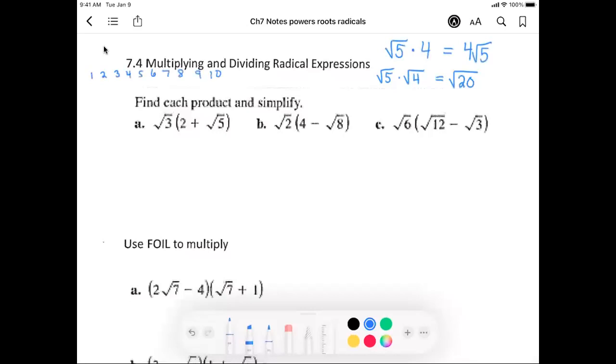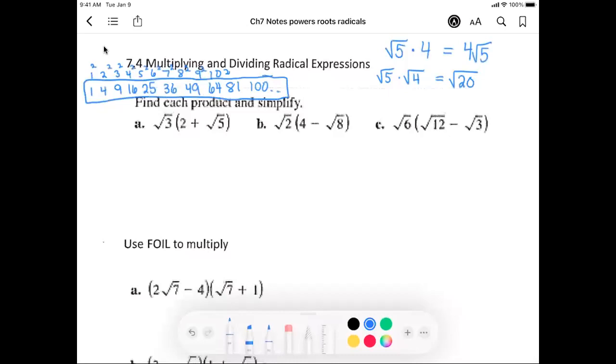We could go on forever, but you take any integer like this and you square it, and all of the answers to these squares are considered perfect squares. So 1 is a perfect square, 4 is a perfect square, 9, 16, 25, 36, 49, 64, 81, 100. We could keep going, but these are all your perfect squares. And when you're simplifying radicals, you need all of these perfect squares in order to simplify.